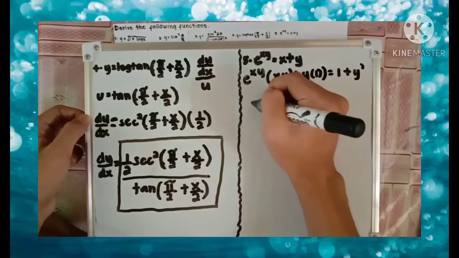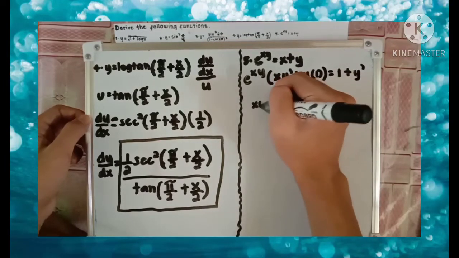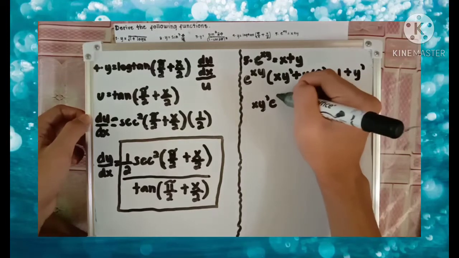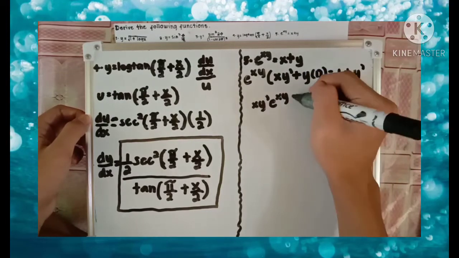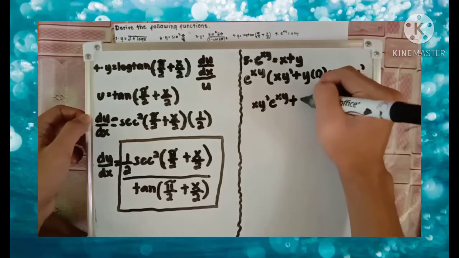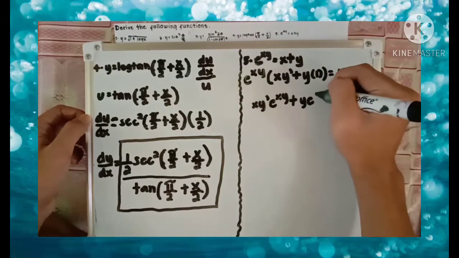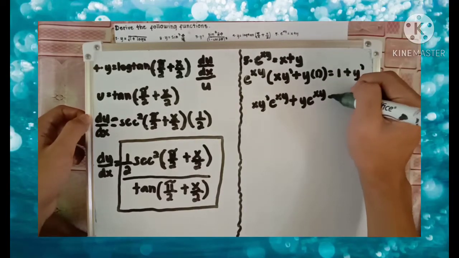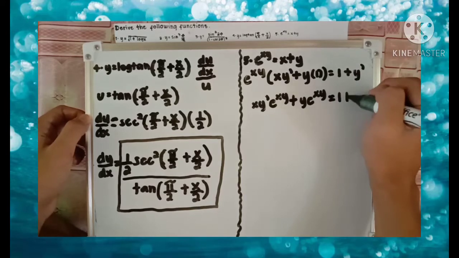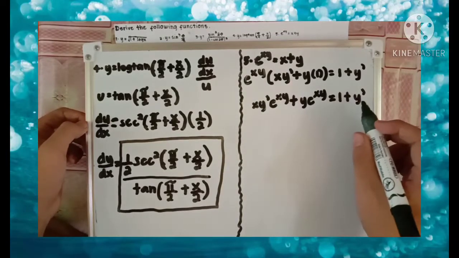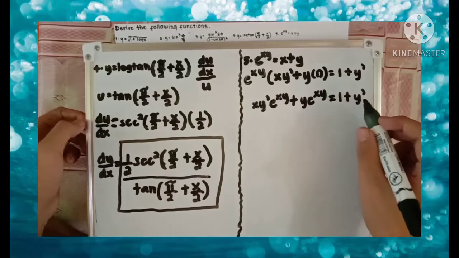So x y prime e raised to xy plus y times e raised to xy is equal to 1 plus y prime.